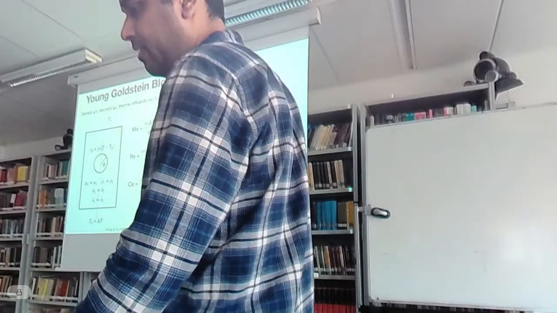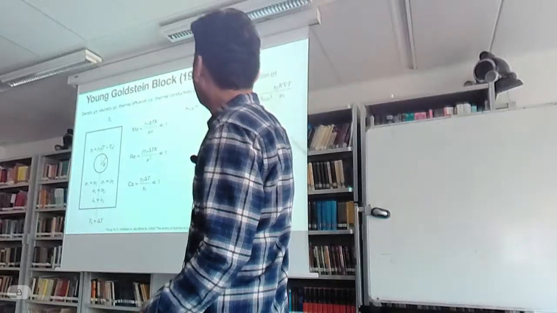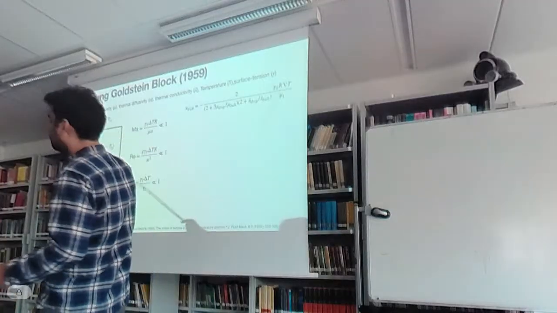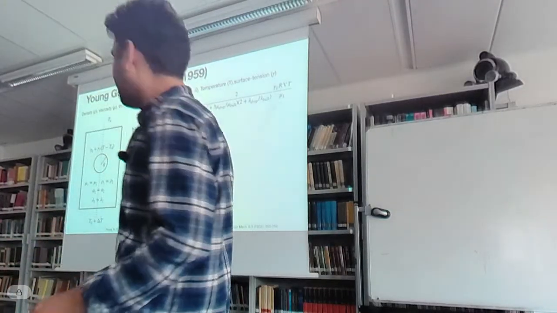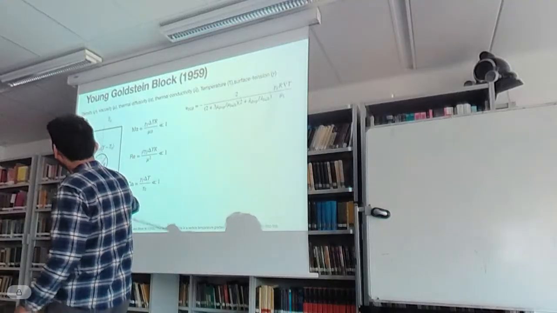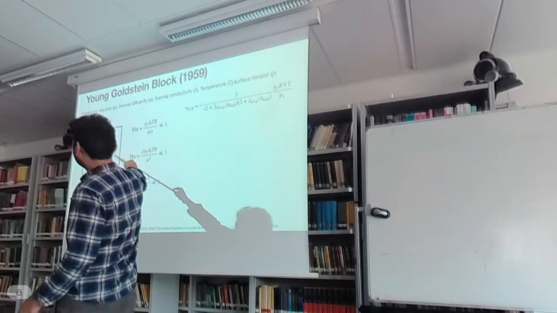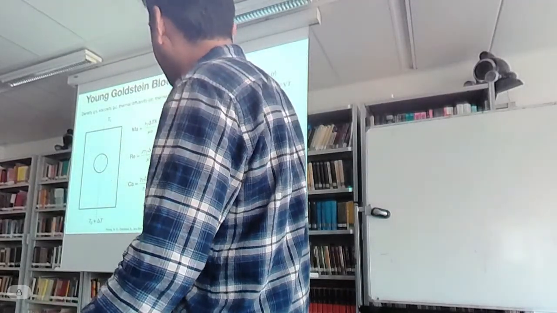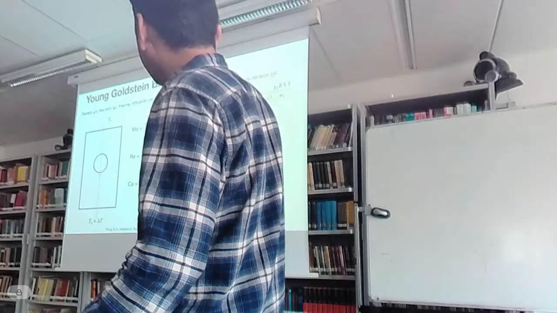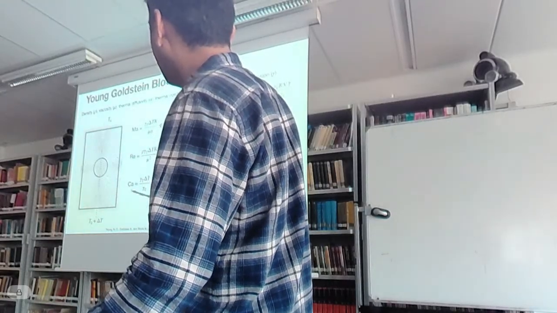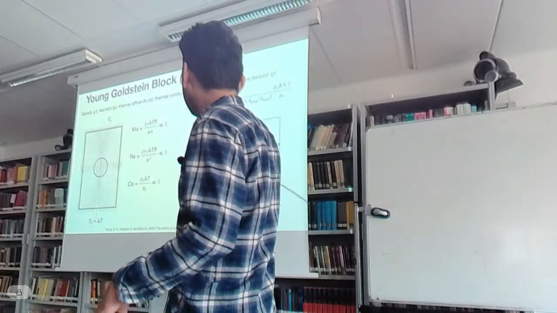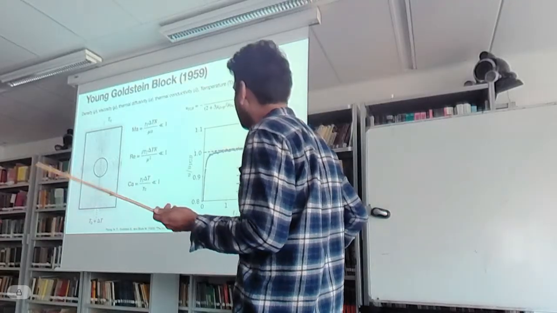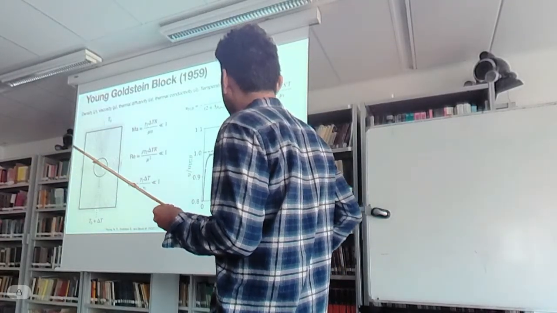And if these three numbers are small, we can obtain analytically the velocity with which this interface would move under the influence of Marangoni flows, because there's a Marangoni flow that goes from hot to cold, so this interface would move towards the hot side. And this is what we see in the simulations, and we look at the flow field as well as the velocity, and the terminal velocity of this drop matches well with the analytical prediction proposed by Young, Goldstein, and Block.